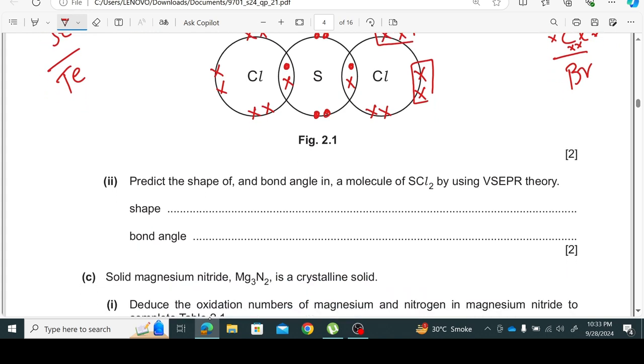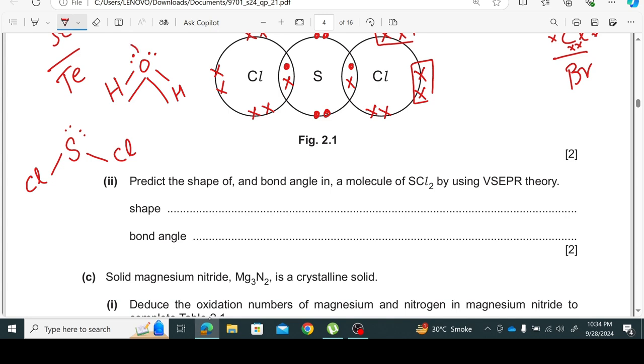Predict the shape and bond angle in a molecule of SCl2. You know, just like in water, for example, you have this water molecule, with one lone pair here and one lone pair here. It is a V shape or bent. Just like this, you have sulfur with two lone pairs of electrons, one chlorine here and the other chlorine here.